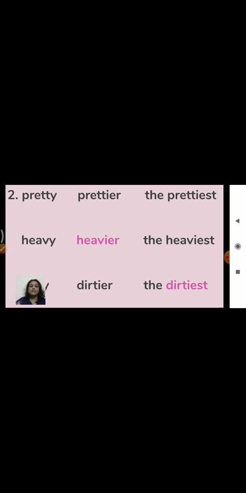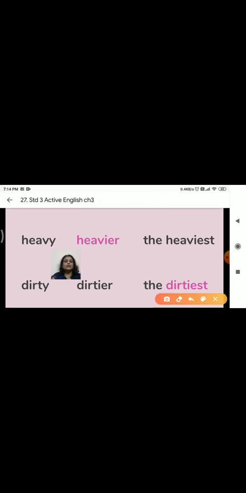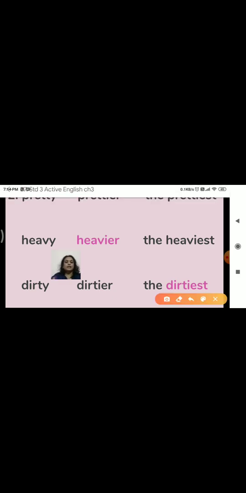Okay, now let's solve these examples in your book. Can you see them? Okay, so the first one is pretty, prettier, the prettiest. Then we have heavy, and we cut out the Y and added I plus ER. So we got heavier and the heaviest.